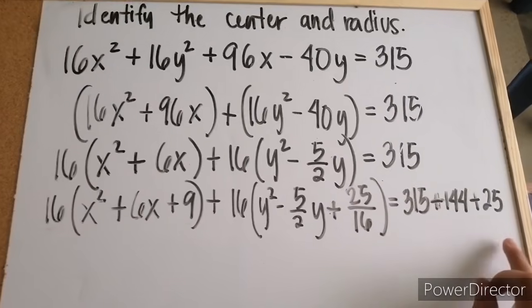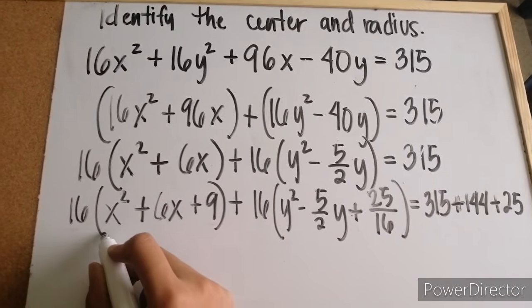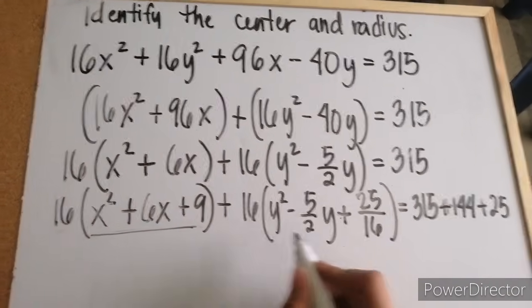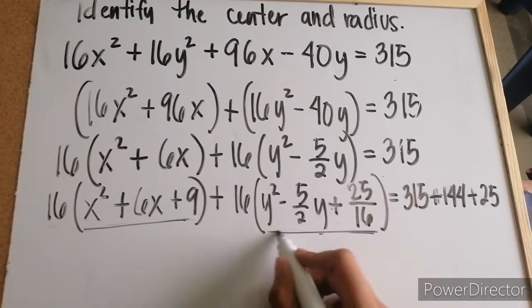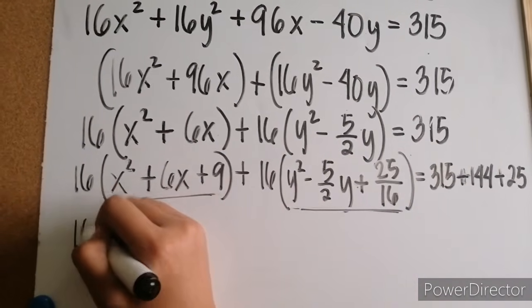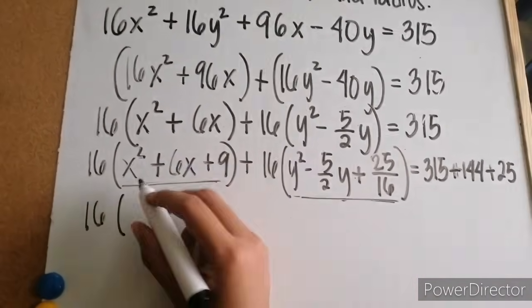Okay, next procedure, factor this expression over here. Factor that too. So we will have 16 factored.